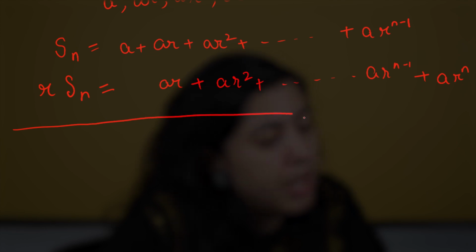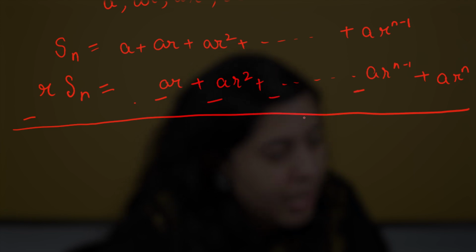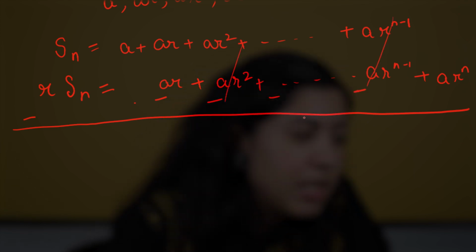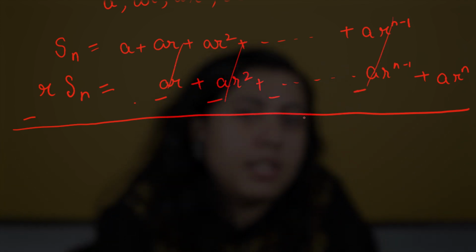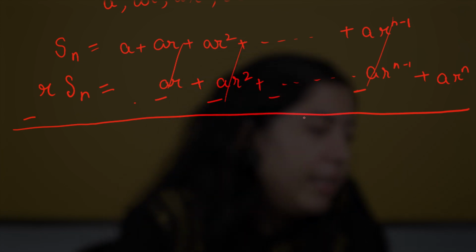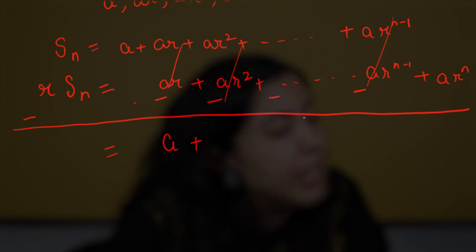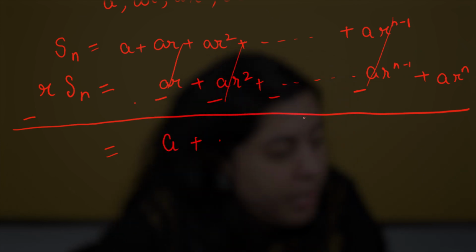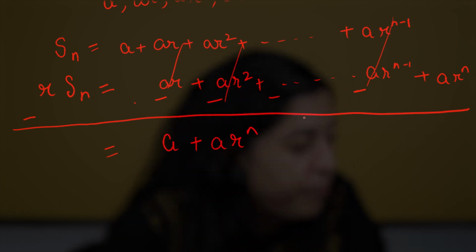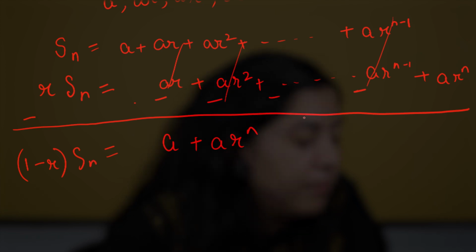Now we subtract these two equations. It forms a series known as a telescoping series, where the common terms get cancelled out and we are left with only two terms, that is a and a times r to the power n. On the left hand side we have (1 minus r) times Sn.